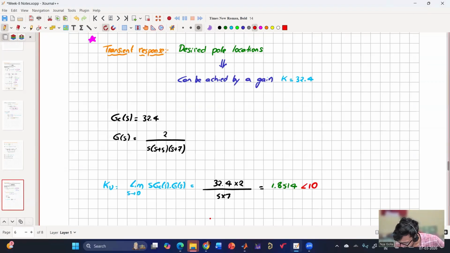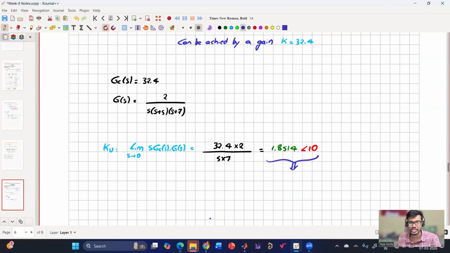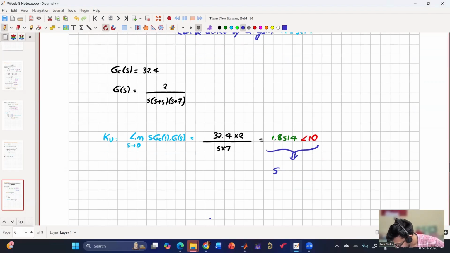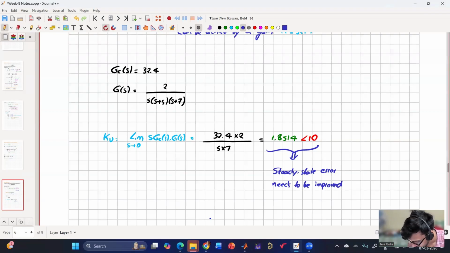So this says that we are meeting the transient requirements. We are not meeting the steady state requirements. So steady state error needs to be improved. So now the question is, which compensation will we use?